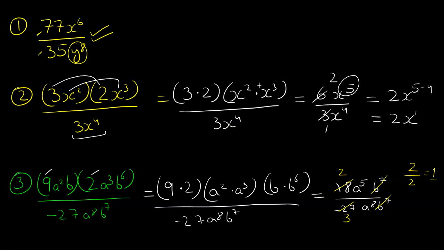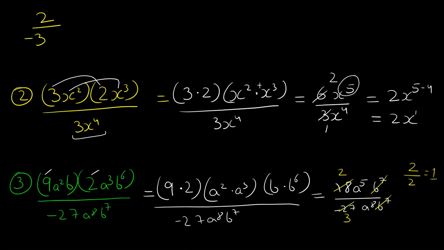So this also gives us 1. So now I will just write the numbers. Okay, let me erase this one right here. Okay, so we get 2 over negative 3.